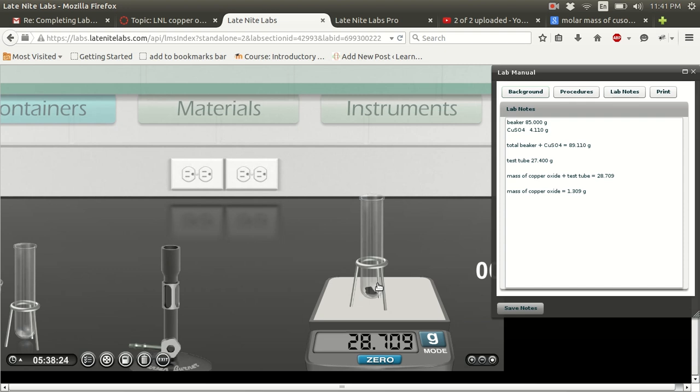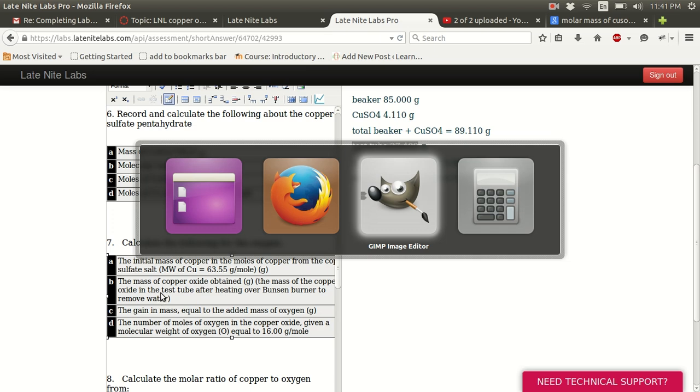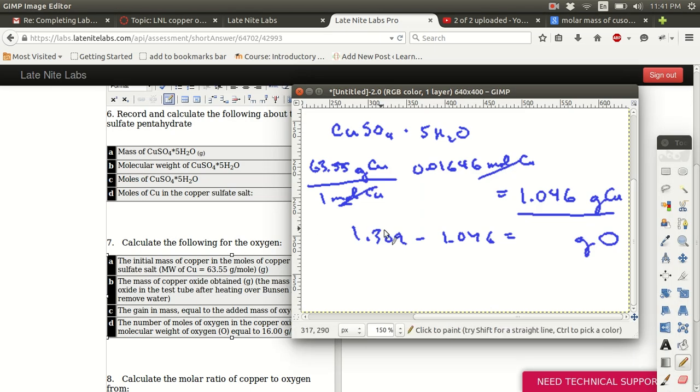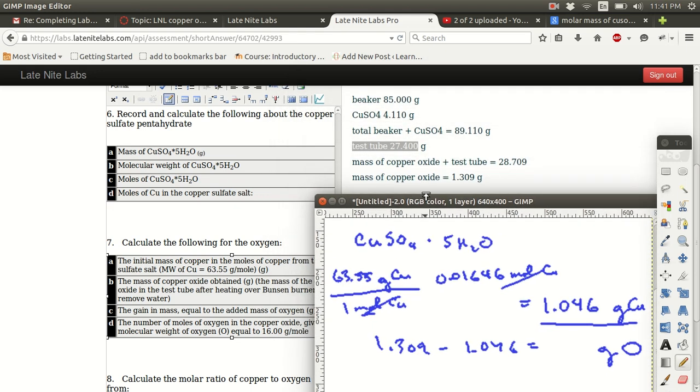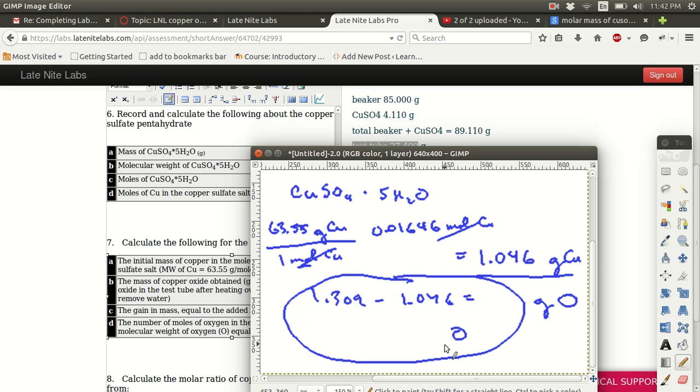There was a chemical reaction to make copper 2 oxide. So what am I trying to say here? By subtracting the mass of copper that I added by adding copper 2 sulfate pentahydrate from the mass of copper 2 oxide, by doing this subtraction problem, I get the mass of just the O. This is copper minus copper. Okay, so you get the idea.